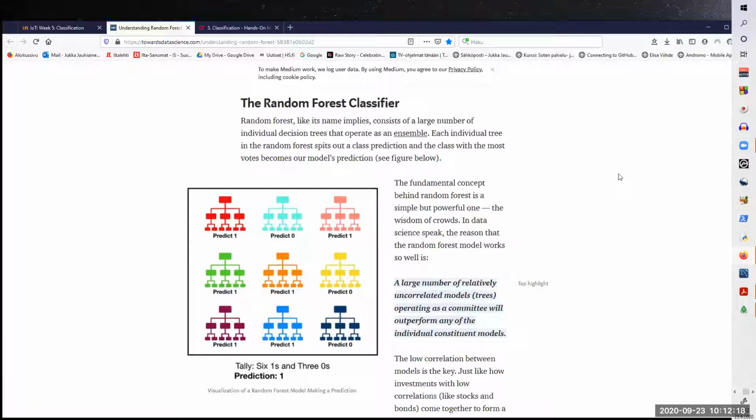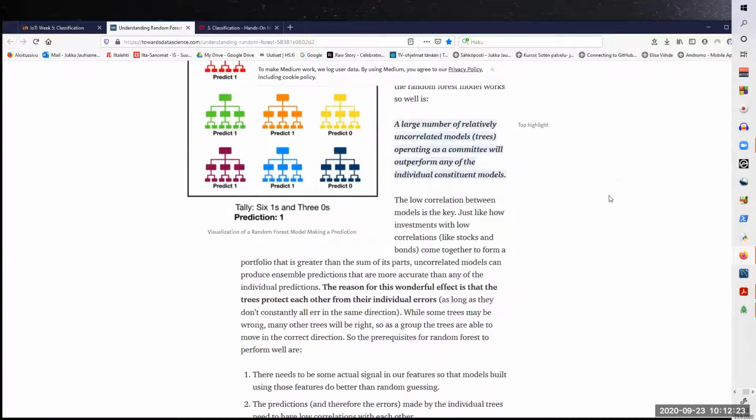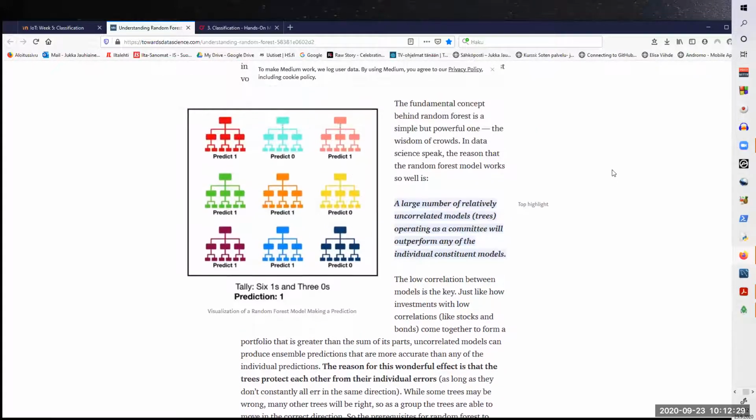The wisdom of crowds. In data science speak, the reason the random forest model works so well is that a large number of relatively uncorrelated models operating as a committee will outperform any of the individual constituent models.